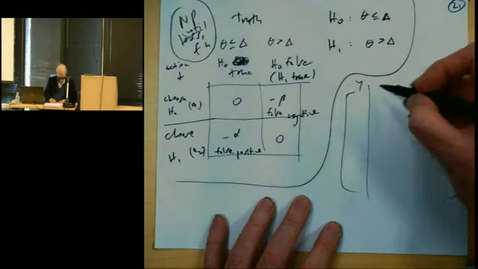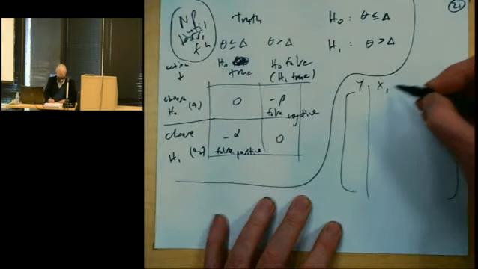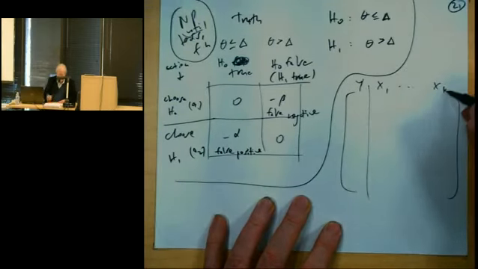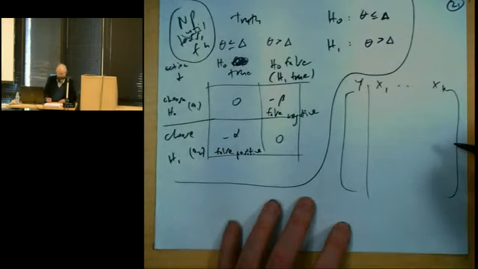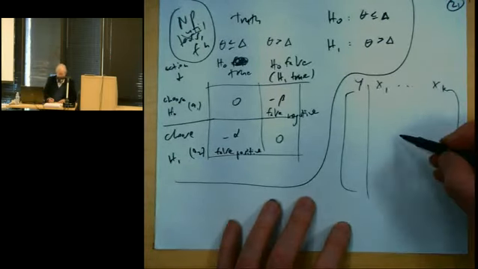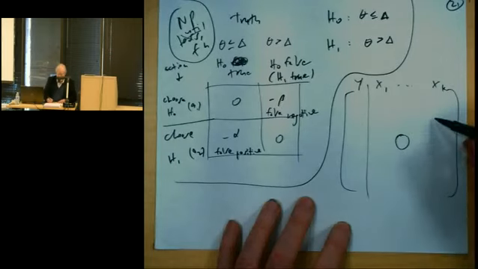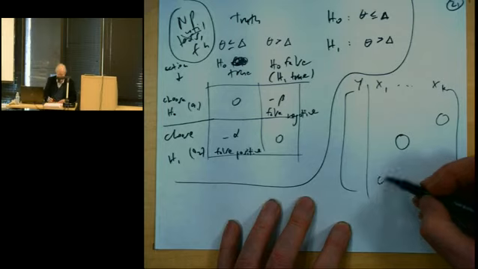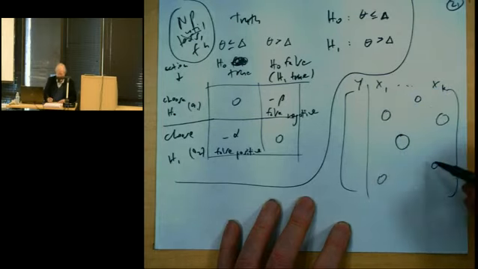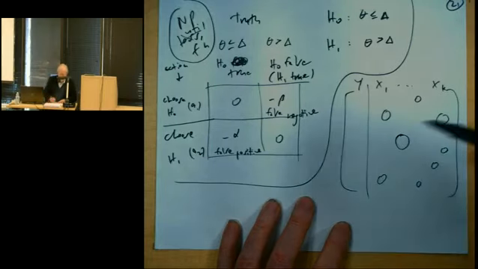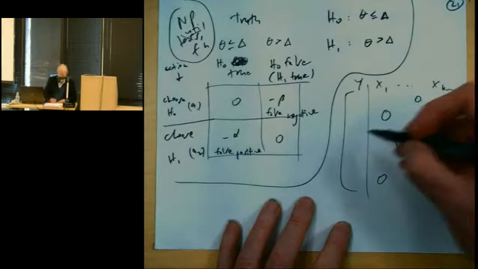So this is the variable y, the outcome variable, quantitative, and we have x1 through xk as our predictor variables. And there's holes in the data. So everywhere there's a missing observation, I'm going to draw a hole like that, a circle like that. And there may even be holes in y.